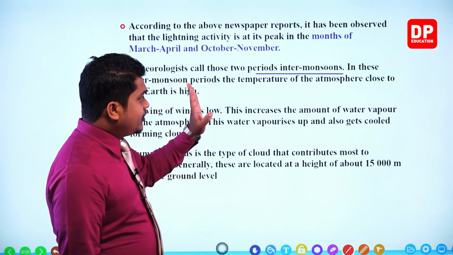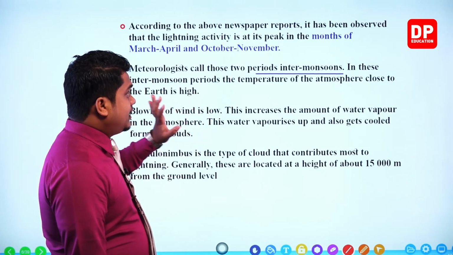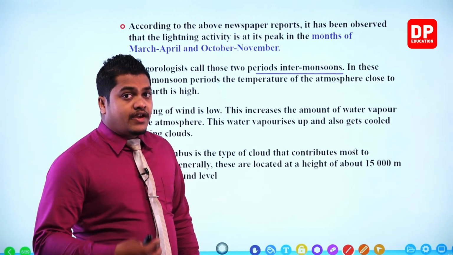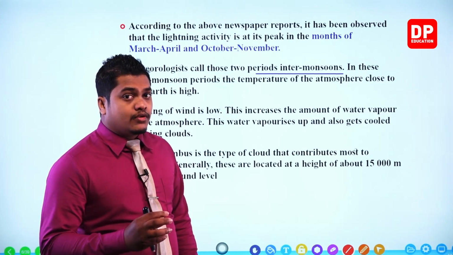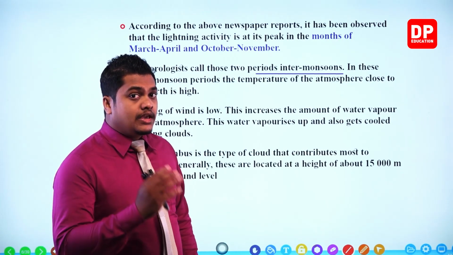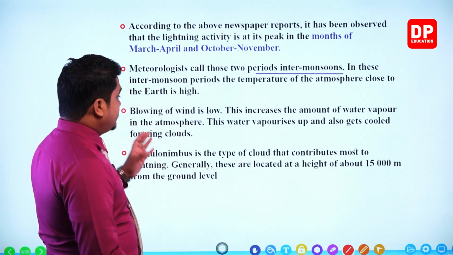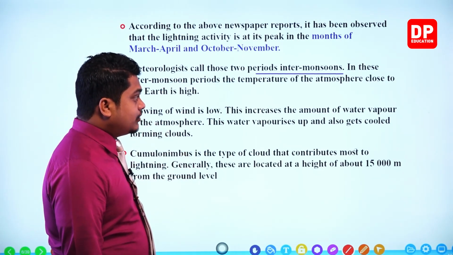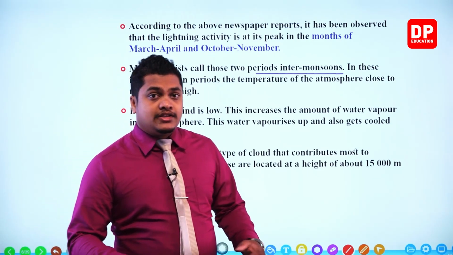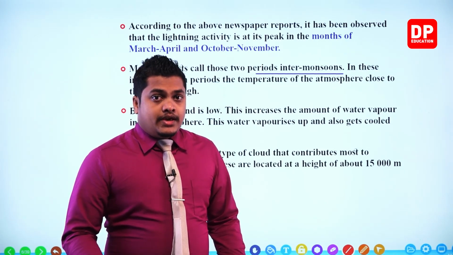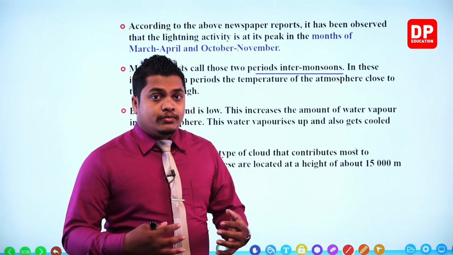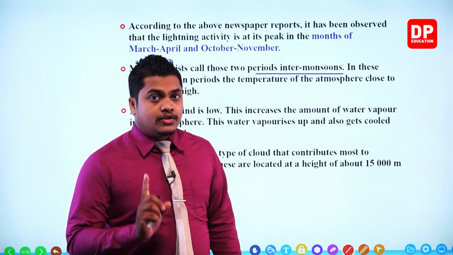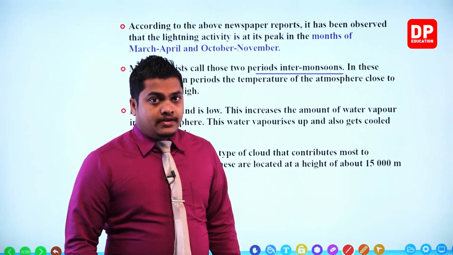Because, my dear children, during this time period, the temperature of the atmosphere close to the earth is high. Because of the high temperature, more water vapor is evaporated into the atmosphere. And also the wind which blows is low, so the water vapor is not spread out. Because of that, cumulonimbus clouds are created. These cumulonimbus clouds are the main reason for the occurrence of lightning.